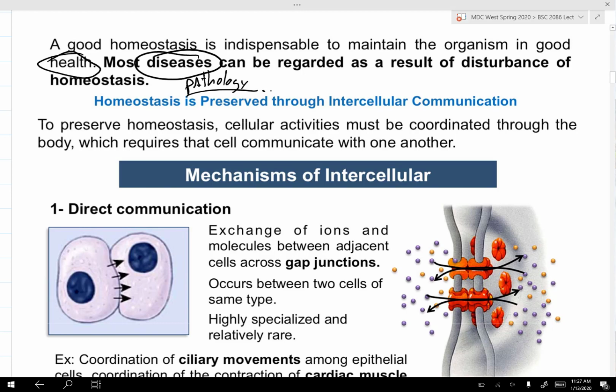Pathology is the study of diseases, right? All right. And that is, of course, when, as a result of all these changes, there's a disturbance in the physiology or in the function of your body, destroying your homeostasis. All right?